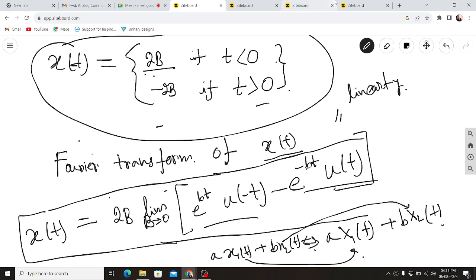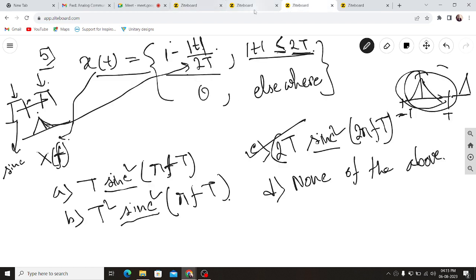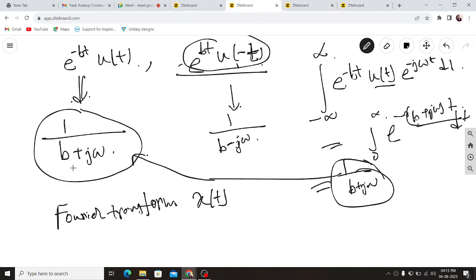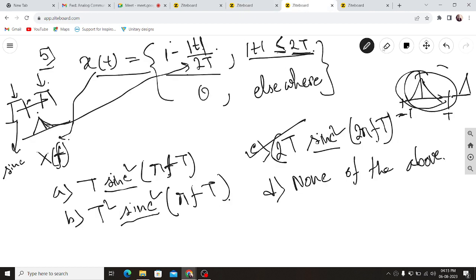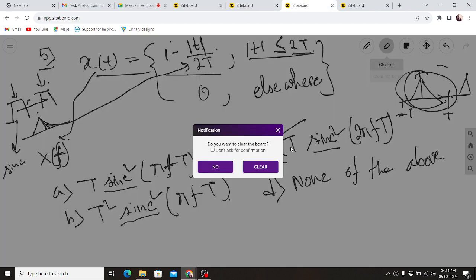Following this, if we substitute these two formulas, 1 by (b plus j omega) and 1 minus b of j omega, we'll find that the function x(t) will have a Fourier transform representation, like b tends to 0, 2b.